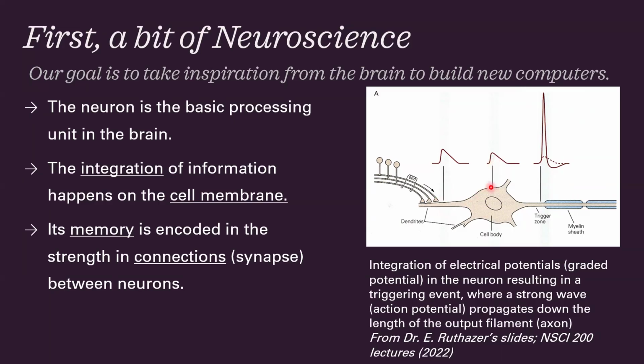There's a very specific zone in the neuron, which we call the axon initial segment, at which if enough potential builds up, it will trigger a massive flow of ions into the cell.